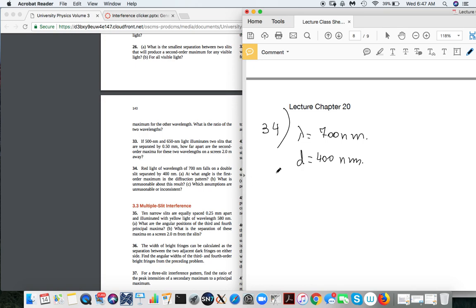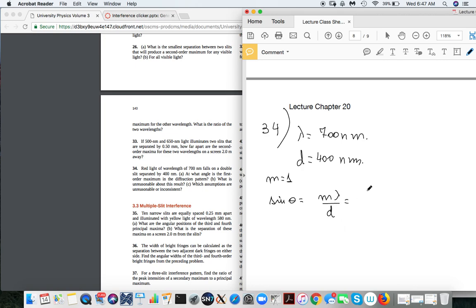Okay, so the same idea. At what angle is the first order maximum? First order maximum means m equals 1. So we are talking about sine theta equal to m lambda divided by d.